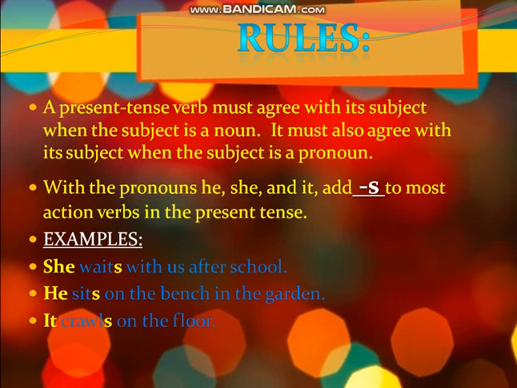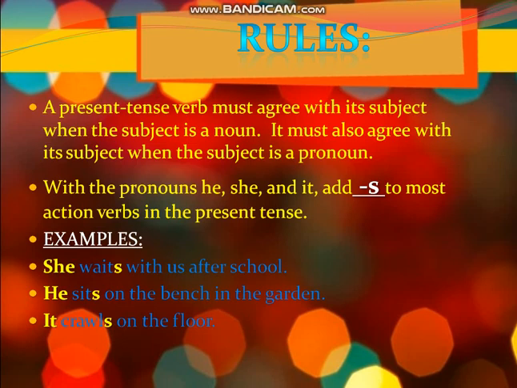Subject pronouns take the place of the subjects in this sentence, right? Now, when we have the pronouns he, she, and it, with these singular pronouns, I add s to most action verbs in the present tense. I said most because not all of them. Okay? And we'll see after that why.